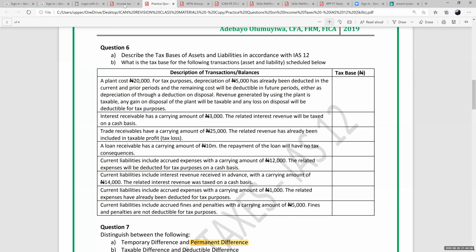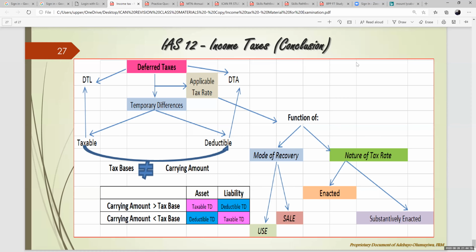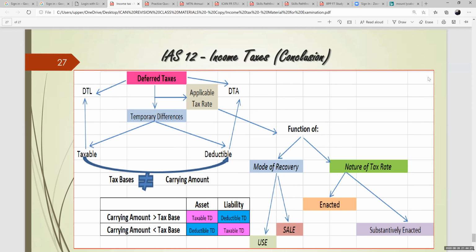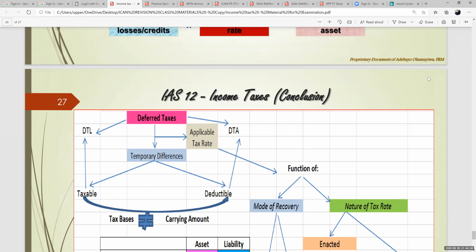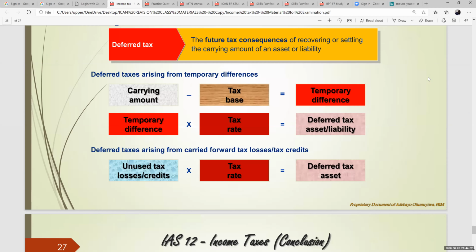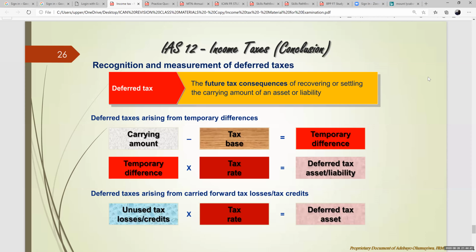Now, let's go back to our presentation slide. Okay, let's start with an asset.